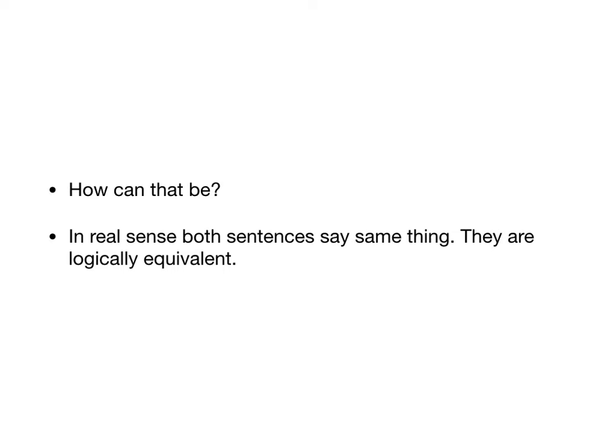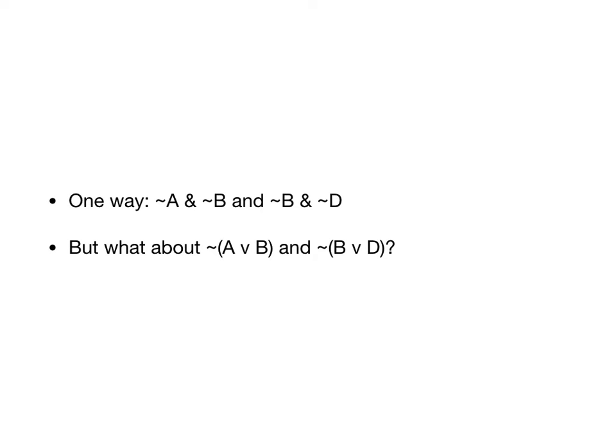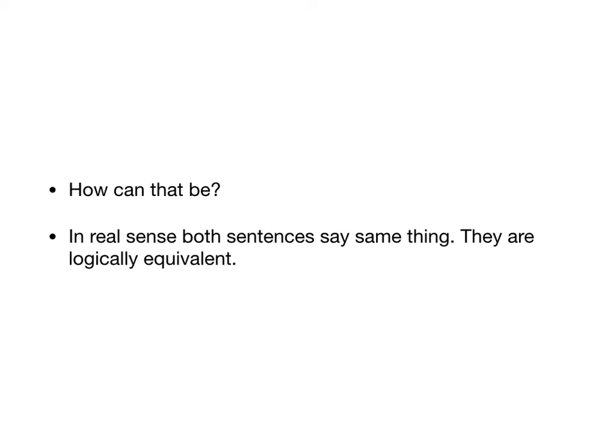Well, the reason that can be is because, in a very real sense, not A and not B is saying exactly the same thing as not parentheses A or B, and not B and not D is saying the same thing as not parentheses B or D. In a very real sense, they have exactly the same meaning.